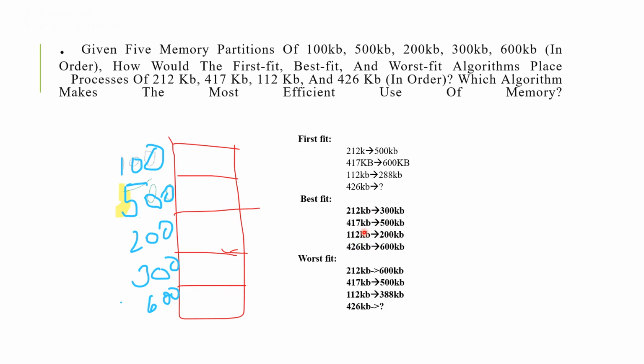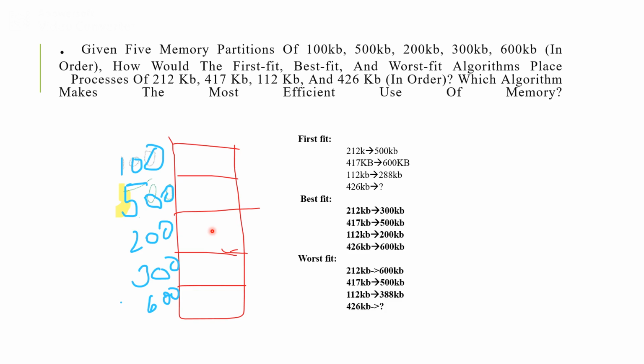Will it be placed in 100? No. 500? No. 200? Yes. It is the best fit when compared to other holes. And what about 426 KB? Will it be placed in any memory location? Yes, it will be placed in the 600 KB location.